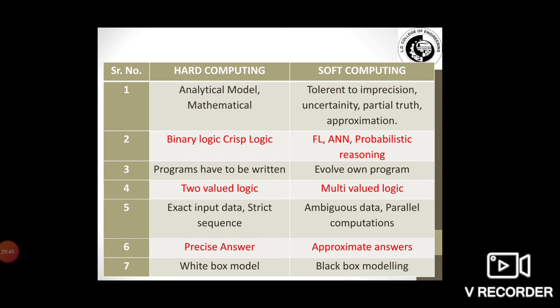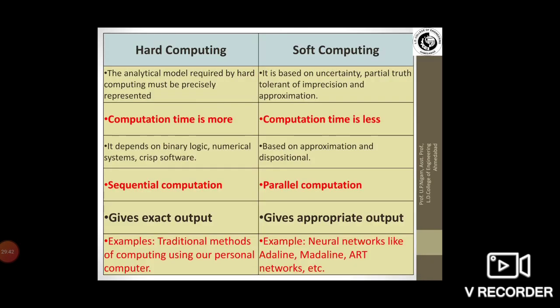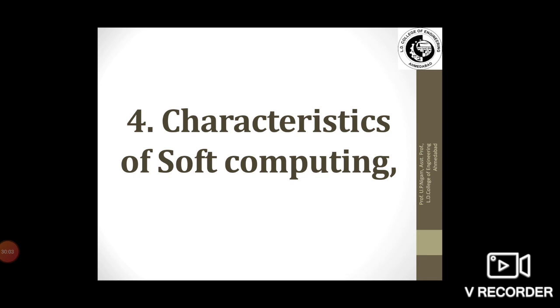Alright, so that's why it is known as the black box model. There are also a few comparisons you can see over here: parallel computation can be done by soft computing, but sequential is done by hard computing. Hard computing gives exact output and soft computing gives the appropriate output, that is suitable for your problem. So that is one of the important things.